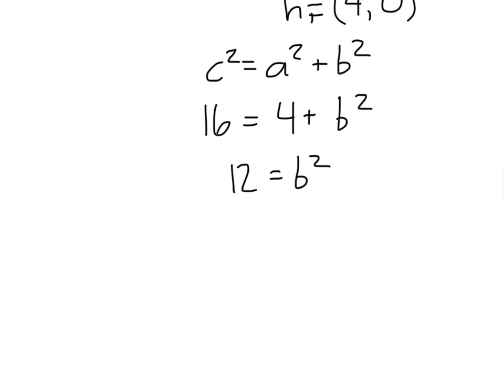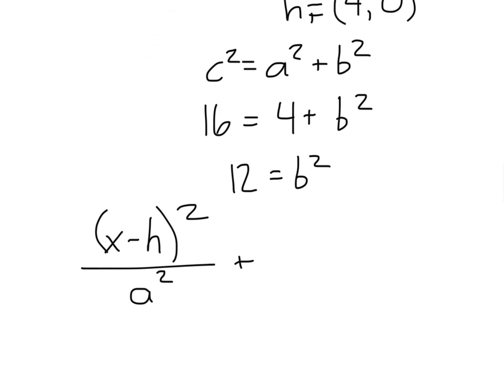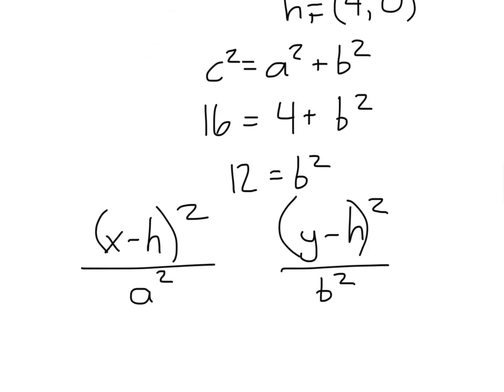Because the Cartesian equation is just (x minus h) squared over a squared, minus (y minus k) squared over b squared, equals 1. So now we have all these elements.